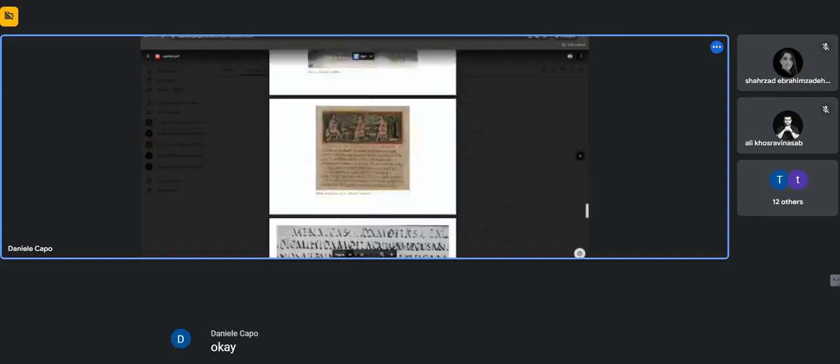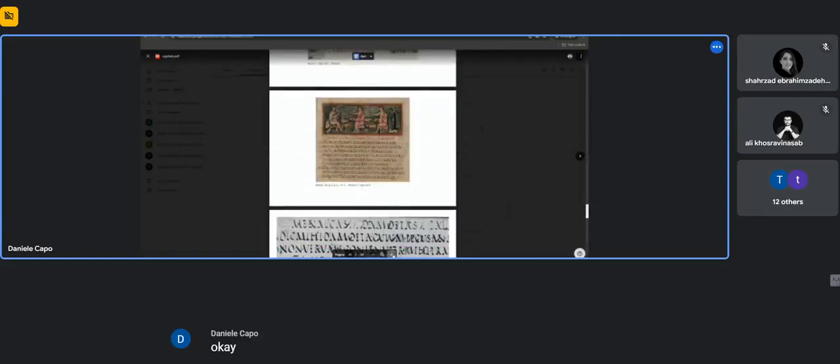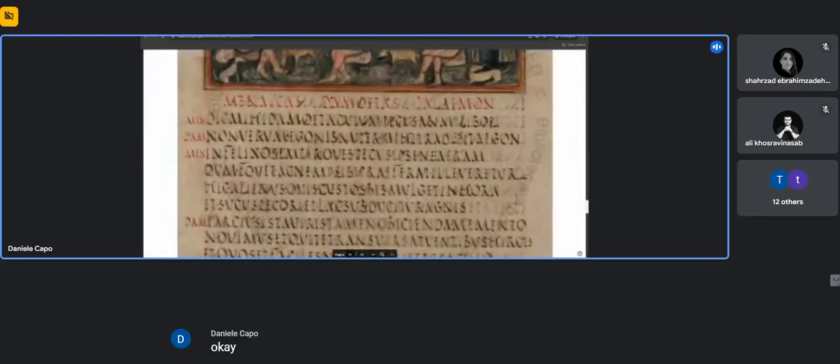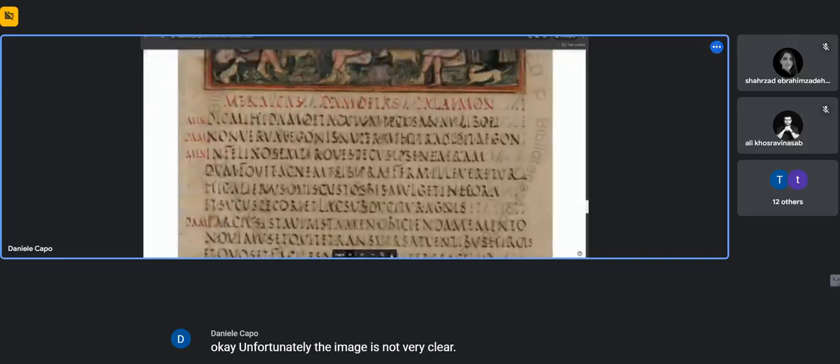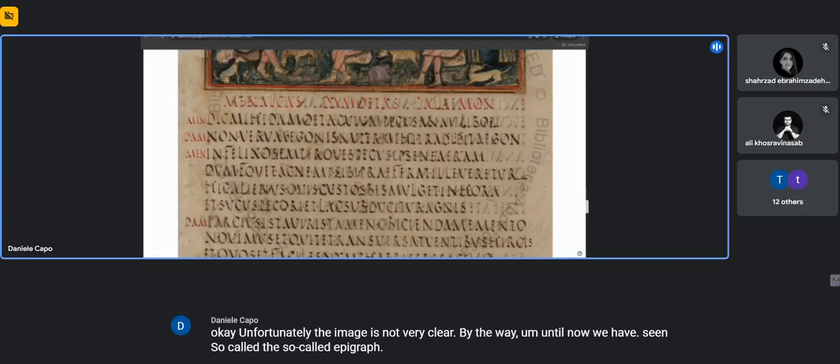Okay. Unfortunately, the image is not very clear. By the way, until now, we have seen the so-called epigraphic writing.